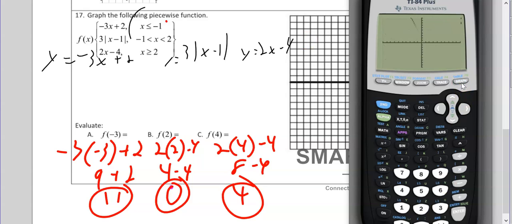And graph it. Okay, that looks familiar. Now, if I go to my table, I want numbers less than or equal to -1. So I don't want 0 or 1 or 2. So I'm going to put -1 right there at the bottom. And then I would just plot those points, -1, 5, -2, 8, and that's pretty much it because it's off the chart.